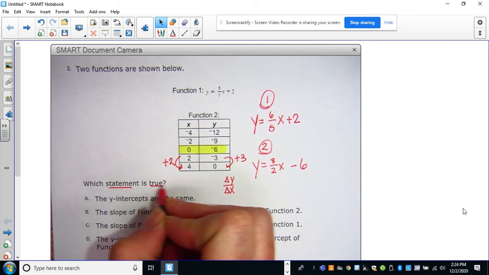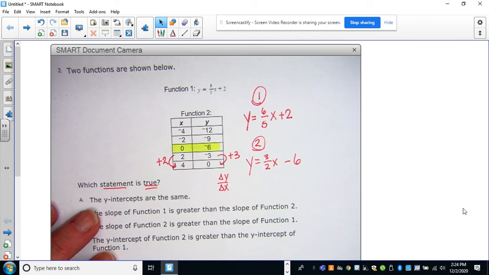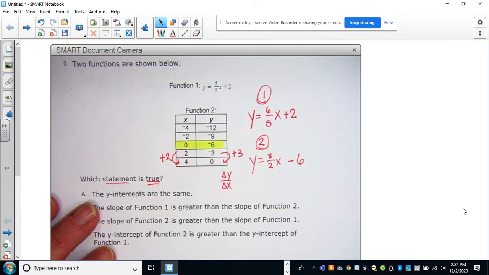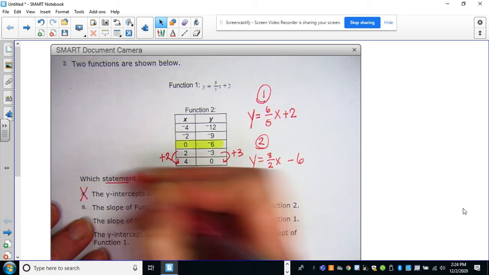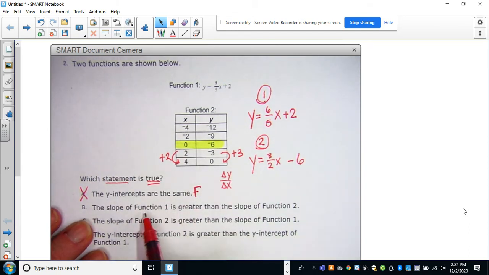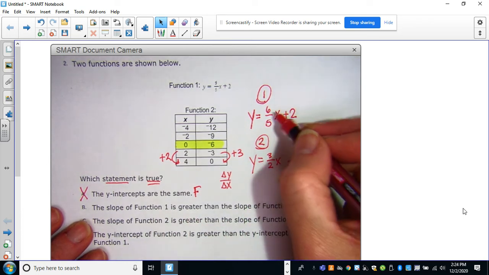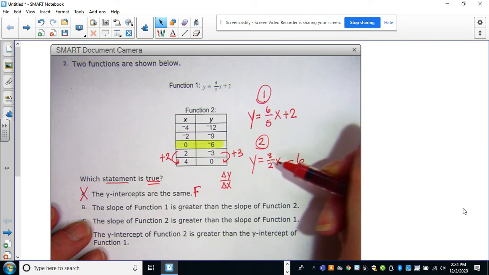Which statement is true? First, the y-intercepts are the same. Well, your y-intercept is 2 for this one and negative 6 for this one. So that is false. The slope for function 1 is greater than the slope of function 2. We have 6/5 and 3/2.